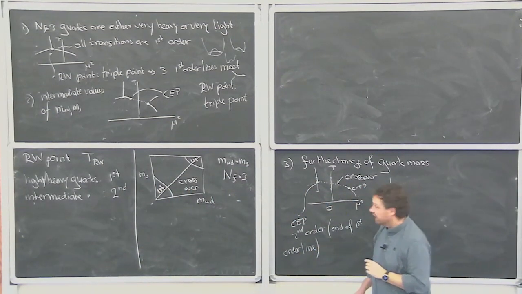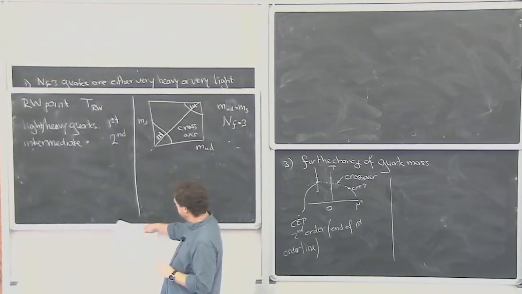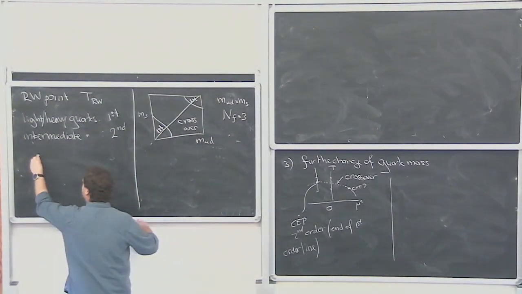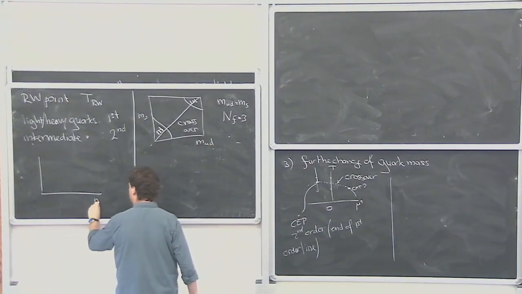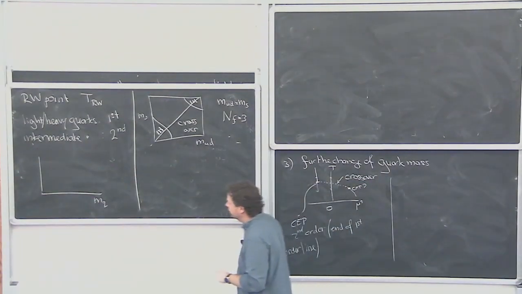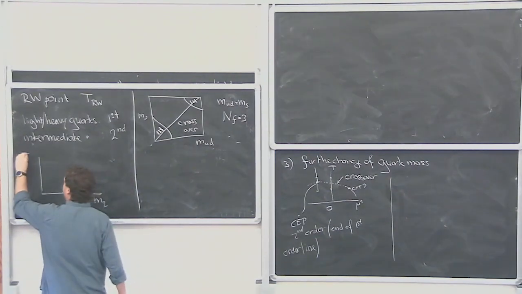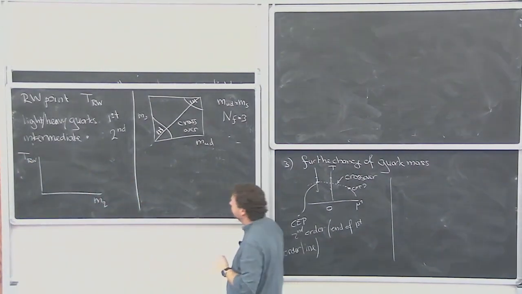And so I can now go to a different plane, namely the plane of temperature and quark mass, to draw this information. So here I put the quark mass, and suppose I'm in the 3-flavor case, so the 3 flavors are degenerate. And here I put the temperature of the Roberge-Weiss endpoint.